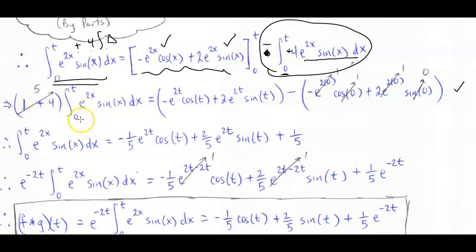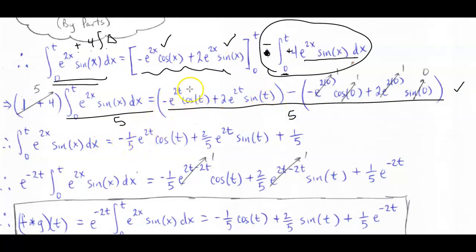Okay, so if we do that, we divide by 5 everywhere, and so you'll see that we'll have 1/5 times this term, 2/5 times this term here, and of course, minus a negative is the same as addition. We basically got 1 here, so that's where the plus 1/5 comes from. Okay.